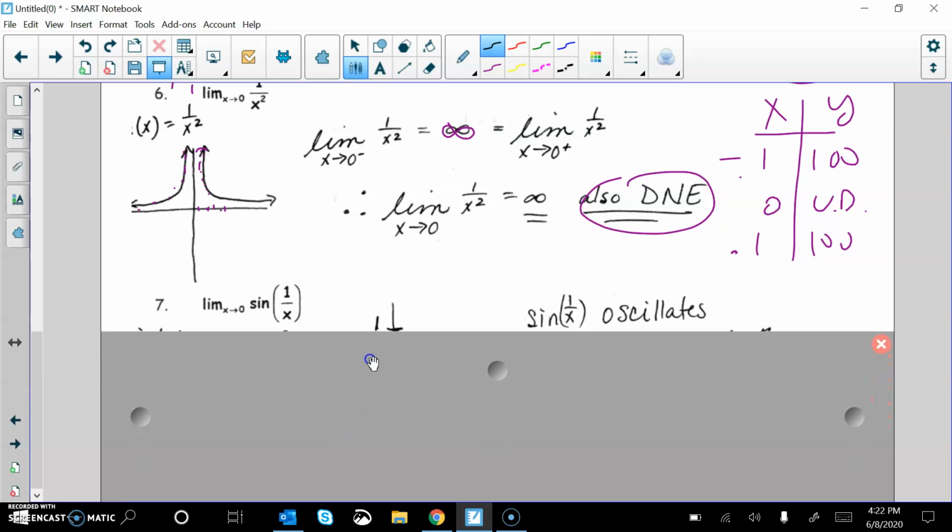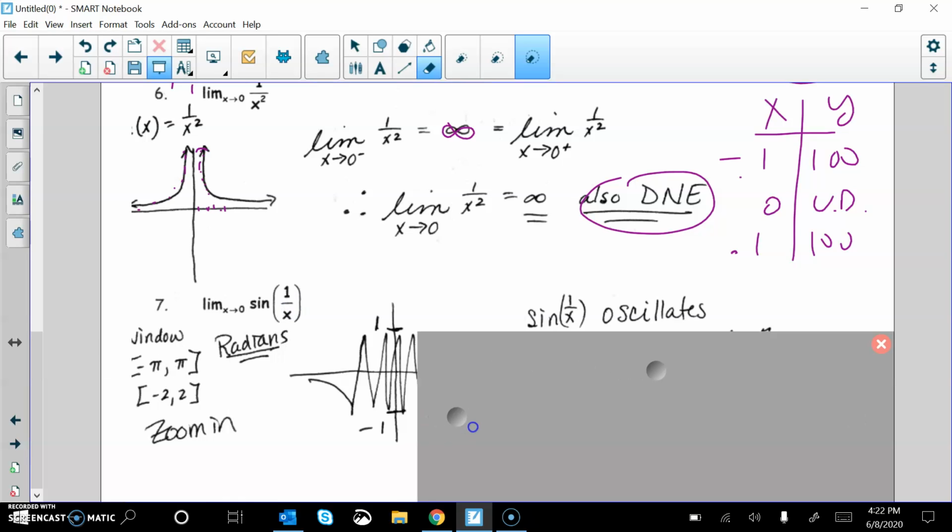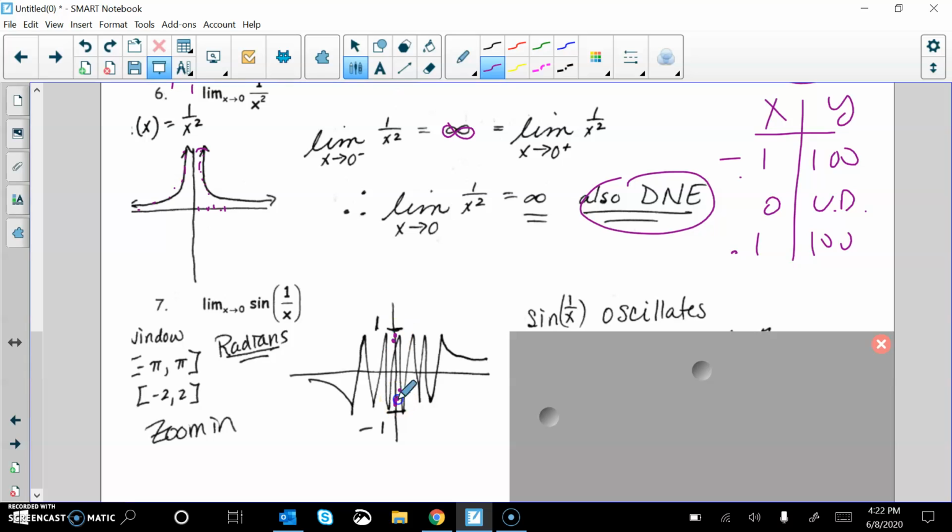All right, number 7. The limit as x approaches 0 of sine of 1 over x. If you were to plug it in, you divide by 0, and it'd be undefined. So you cannot do direct substitution. If you were to graph it, go to radians and zoom in, you're going to see that the y value is bouncing back and forth as you get closer and closer to 0.